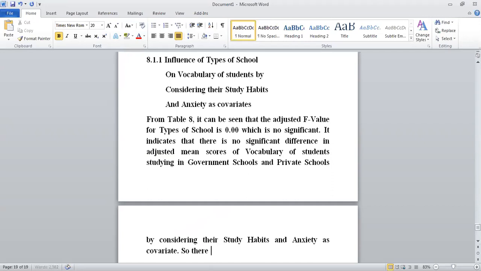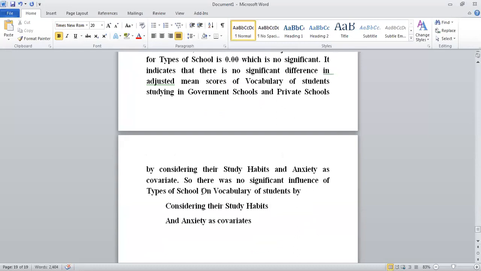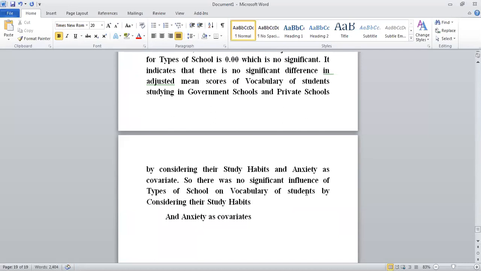So there was no significant influence. There was no significant influence of types of school on vocabulary of students by considering their study habit and anxiety as covariate.